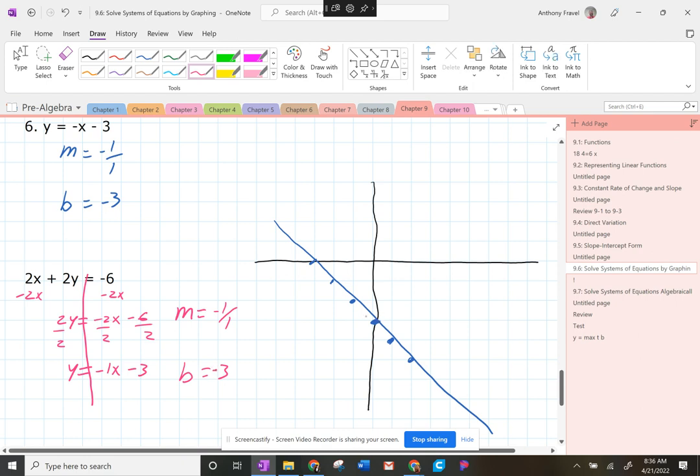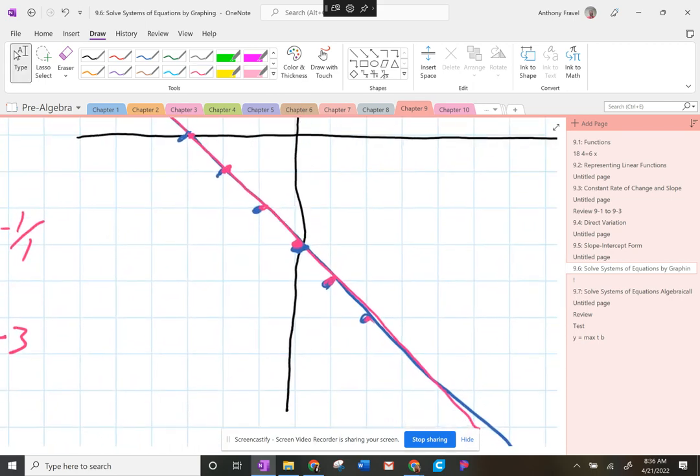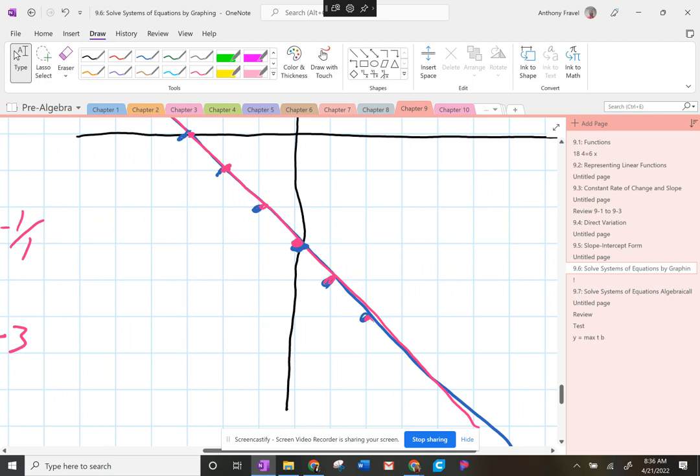My next value is going to be at negative 3. My slope is negative 1 over 1. It's on the same line. You can barely see because I drew it so great. You see how every single point's the exact same point?